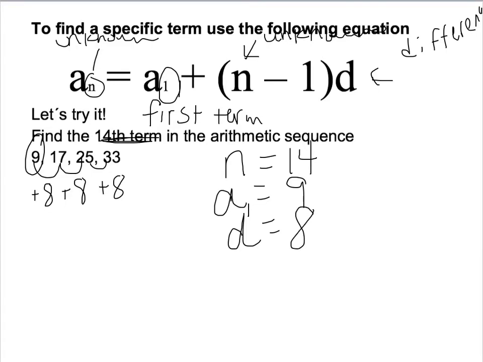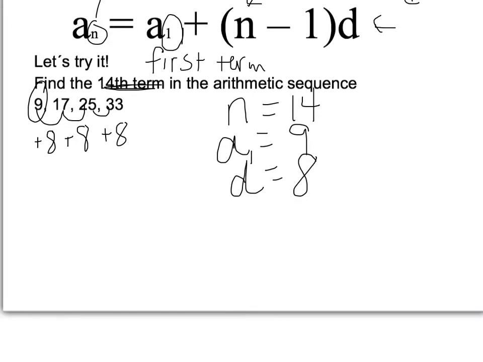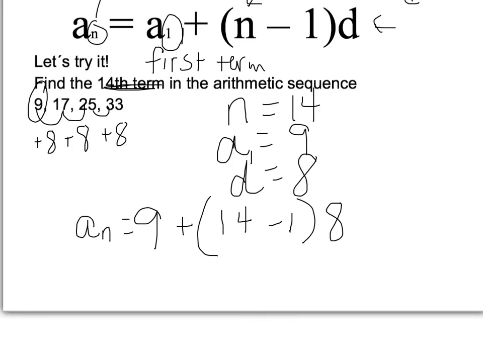So this is an arithmetic sequence. Now all I have to do is fill in the information into my equation. a sub n, I want to know what is the 14th term. a sub n is equal to a sub 1, which is 9, plus n minus 1, where n is 14, minus 1, times d, which is 8. This a sub n stands for the value of the 14th term.